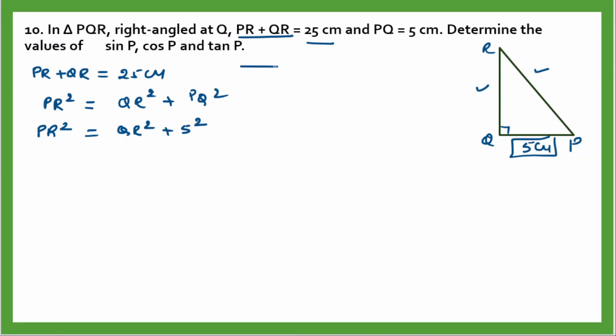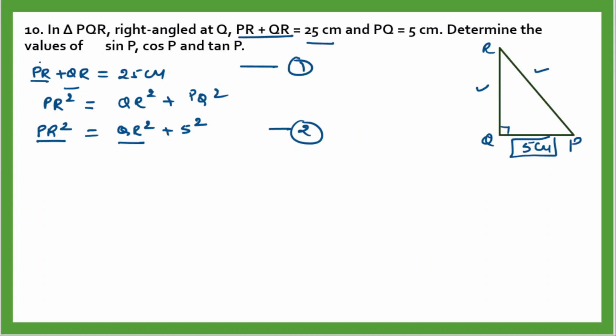Now from equation 1 and equation 2, you can see that this is also a 2 variable and this is 2 variable. So you have to find the PR from this. So you have to reduce this equation in a single variable so that you can easily find the value.